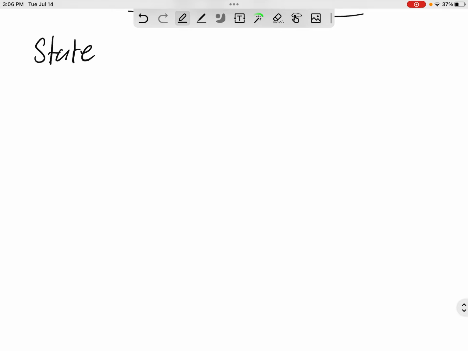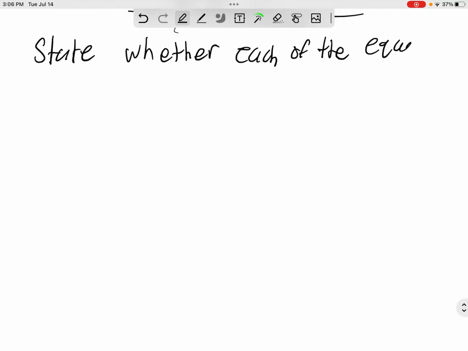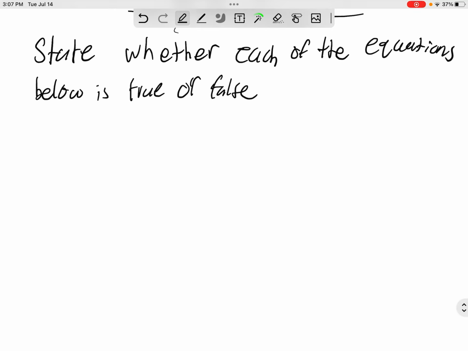State whether each of the equations below is true or false.